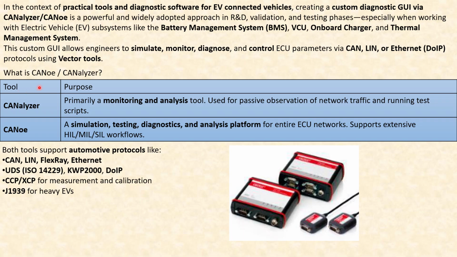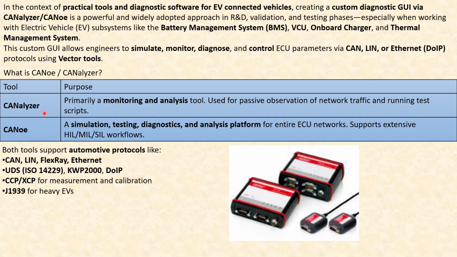Okay, we'll have a brief idea about what CANoe and CANalyzer are, because CANoe and CANalyzer are huge topics. Discussing them in detail is a huge task in itself, but I will give a brief overview.